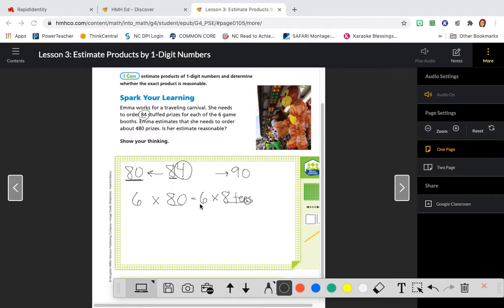All right, well, what is 6 times 8? So there's our simplified problem. 6 times 8 is 48. And then we're talking about 10, so we would say 48 tens. Well, let's think about that. What is 48 tens? 48 tens is going to equal 480.